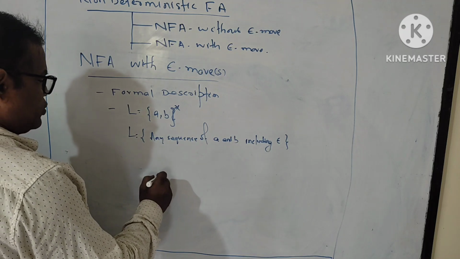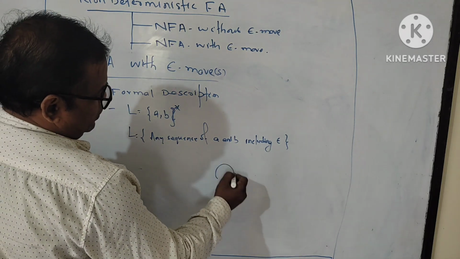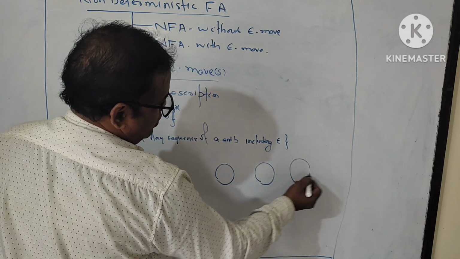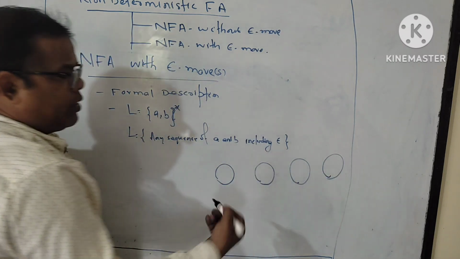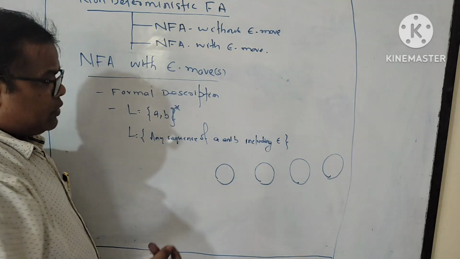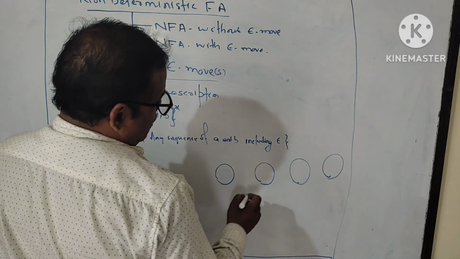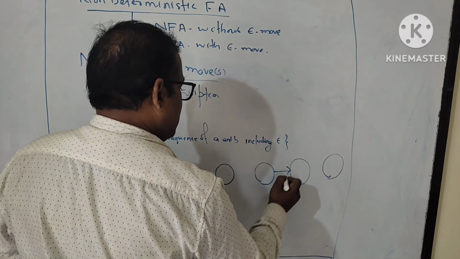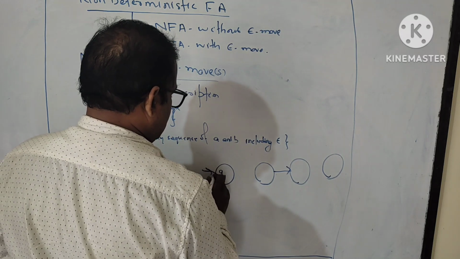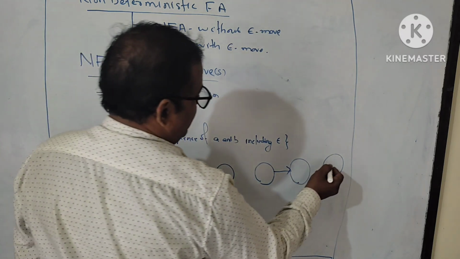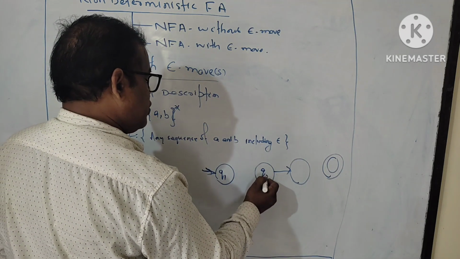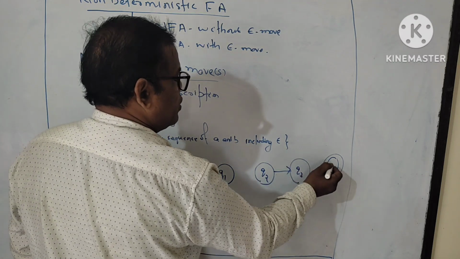Let us have a common picture of this. Let us design it. I will tell you the steps also. How will we design, and how many minimum number of states are required to design, that also we will see here. This is my initial state and this is my final state. Give the names of the states Q1, Q2, Q3, Q4.